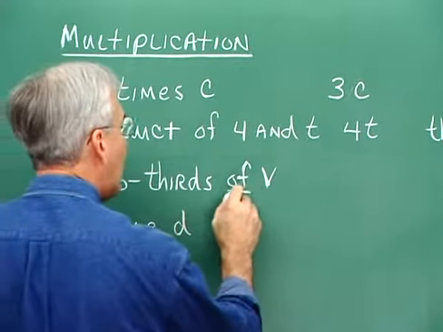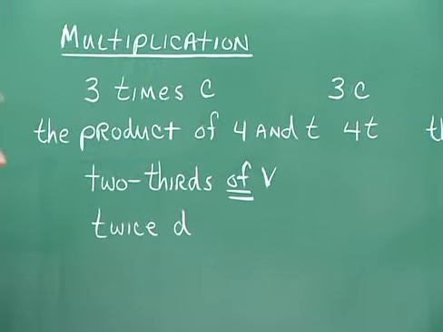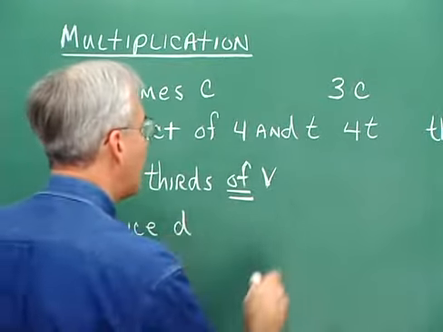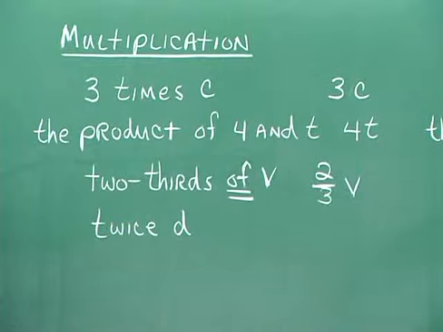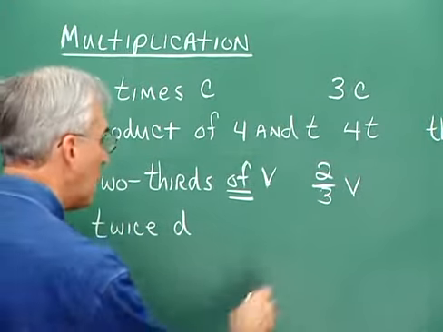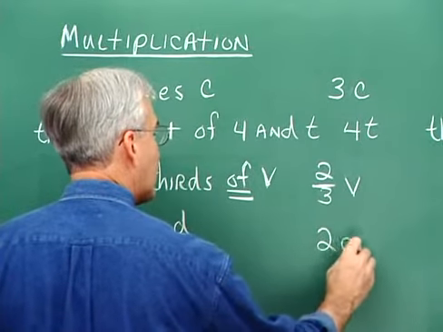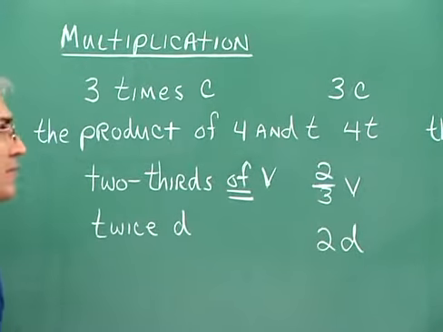Now, of often implies multiplication. So 2/3 of v means 2/3 times v. Twice d. Twice something means 2 times whatever that is. So twice d means 2 times d.